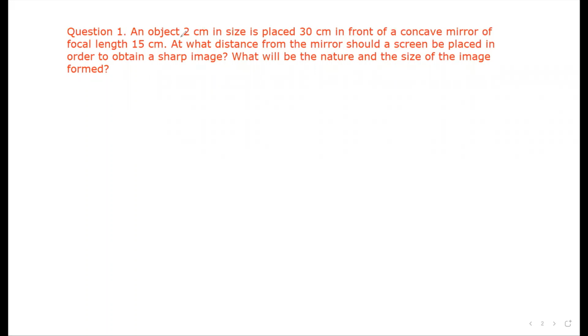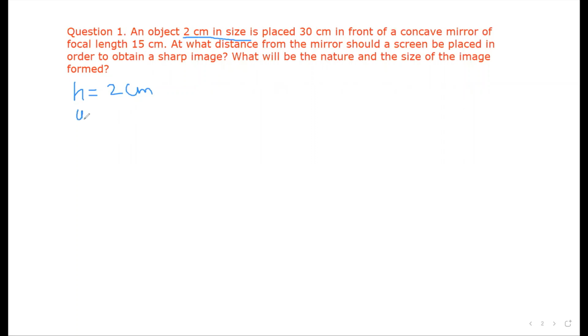First, mark what information is given to us. Object size is 2 centimeter. This is given as h. h is the size of the object, that is 2 centimeter. It is placed 30 centimeter in front of a concave mirror.